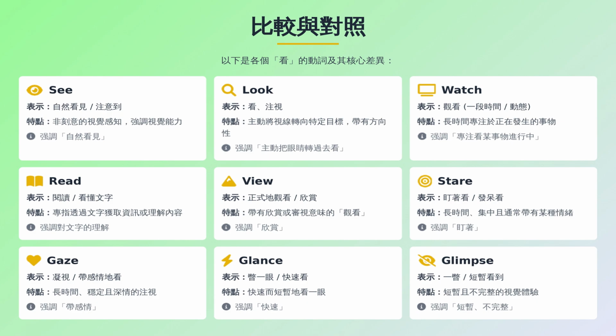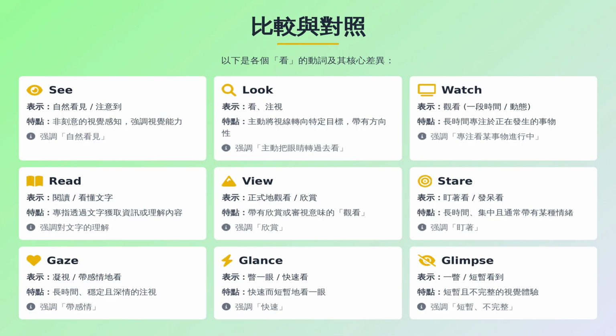Emphasis on appreciation. Stare means to stare at something or to gaze blankly. Characteristics: to look at something for a long time with intense concentration and often with some emotion. Emphasis on staring. Gaze means to gaze at something or to look with affection. Characteristics: a prolonged, steady, and affectionate gaze.